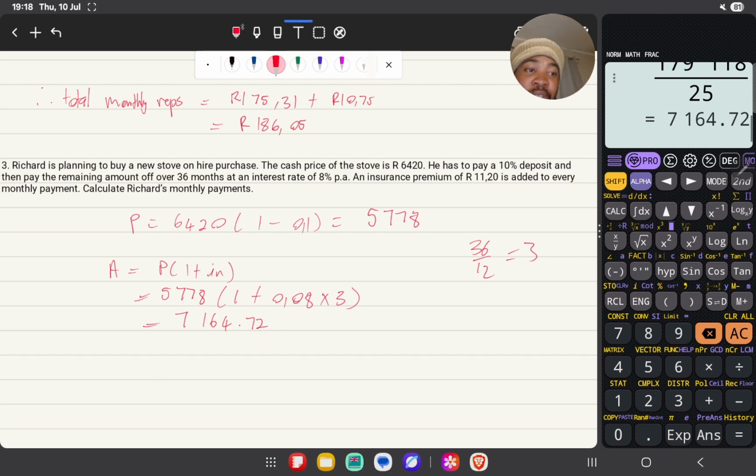After this, you find the monthly repayments, which is A divided by the number of months, 12n, so that amount divided by 36.